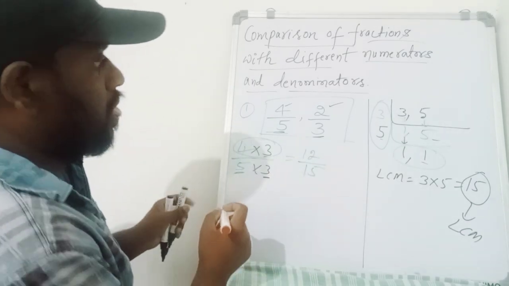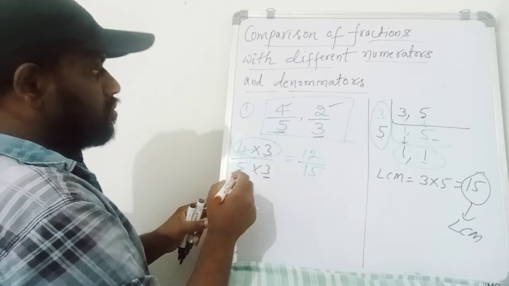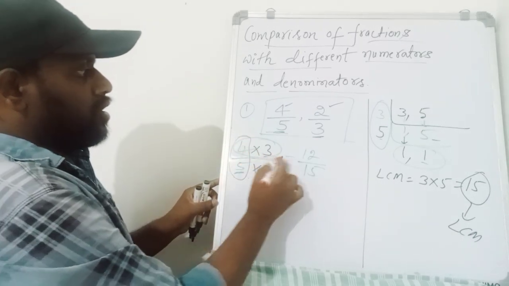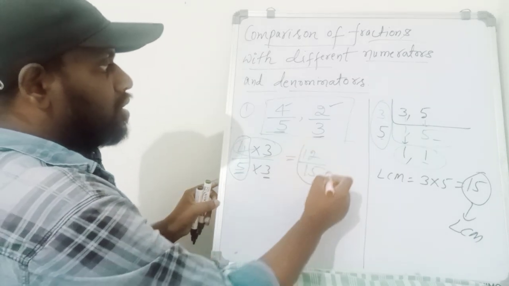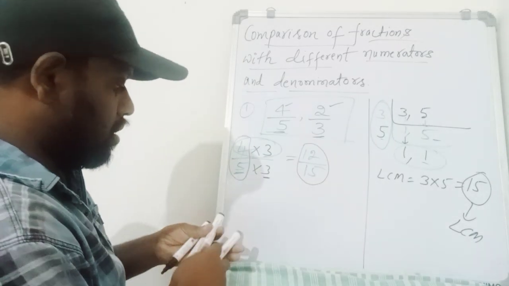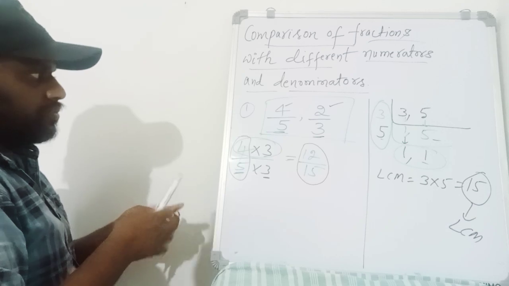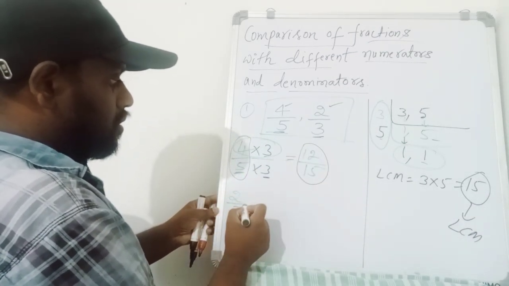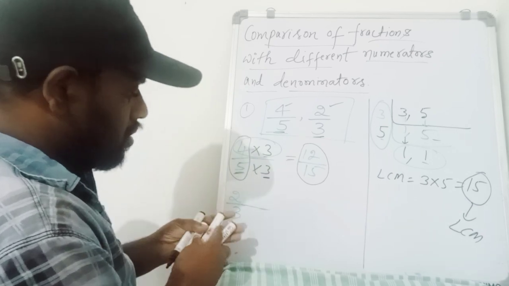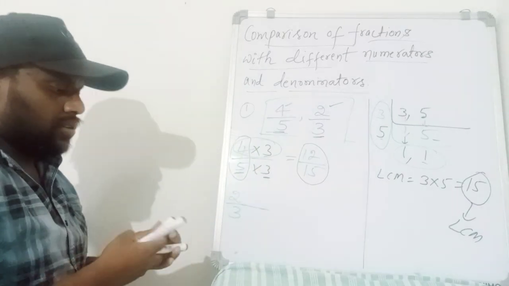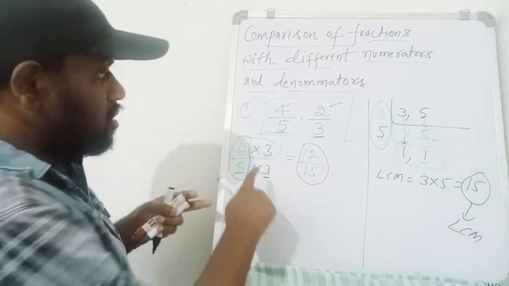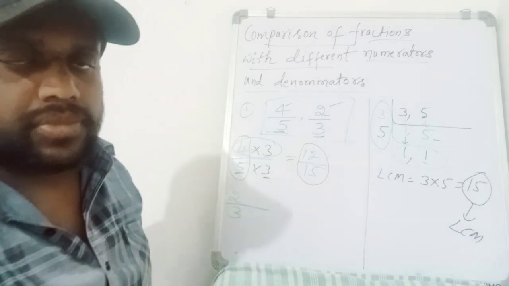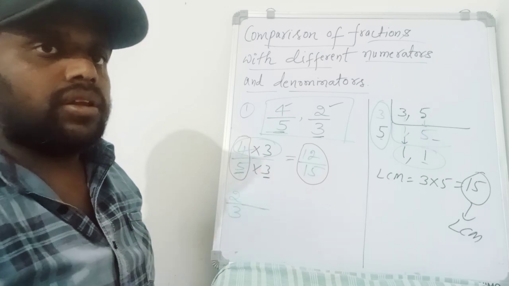So 4 by 5 is equal to 12 by 15. Remember that case. Next I will take this fraction 2 by 3. As we have seen in this case, here also you think about a number.